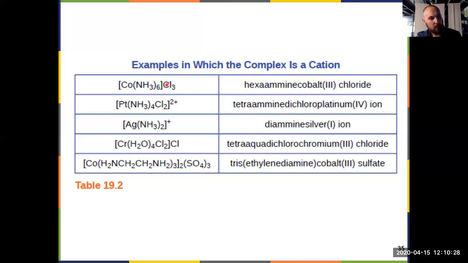And if there are 3 of them at -1 apiece, that's -3 total. So therefore, because these aren't charged, it must be countered by a +3 that's coming from cobalt. So I know the oxidation state of cobalt is +3. So hexamine cobalt 3, and then I just name the counter ion, chloride.